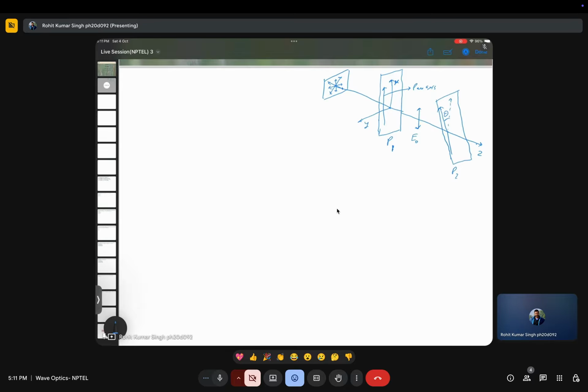The component which is parallel to the pass axis of P2 will be E naught cos theta, the amplitude, and this amplitude gets passed through, so you again get polarized light, but with amplitude E naught cos theta.